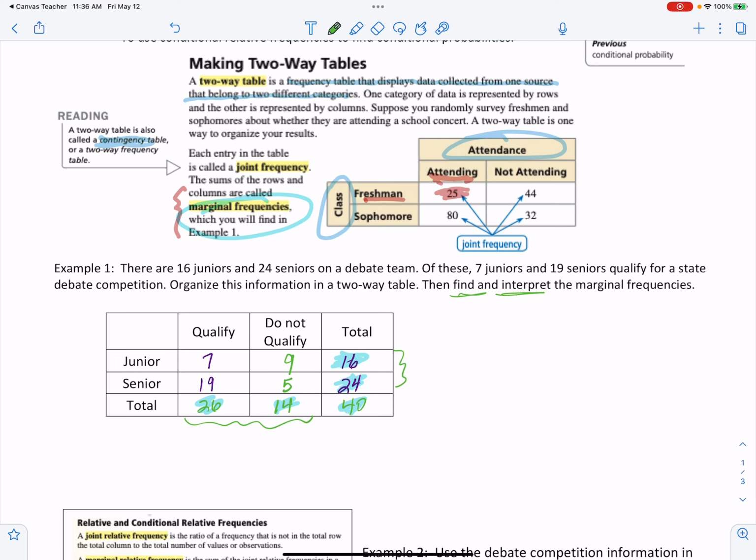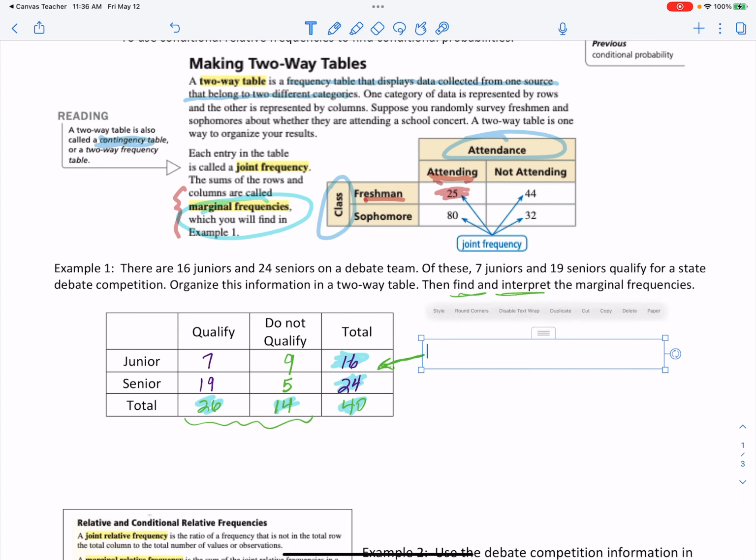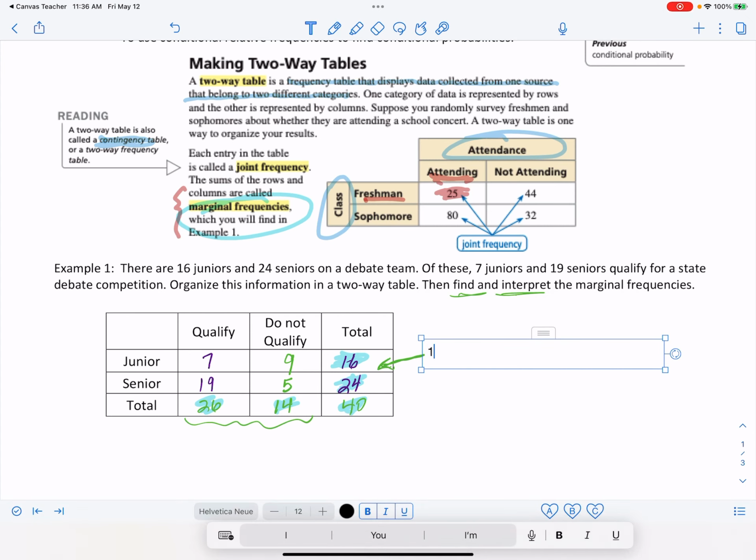So for the 16, it's that there are 16 juniors on the debate team.